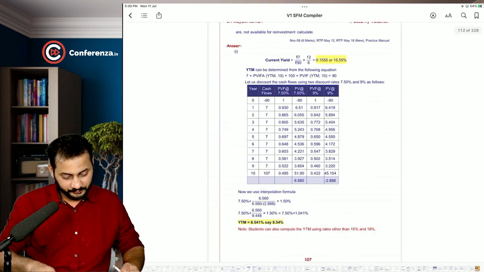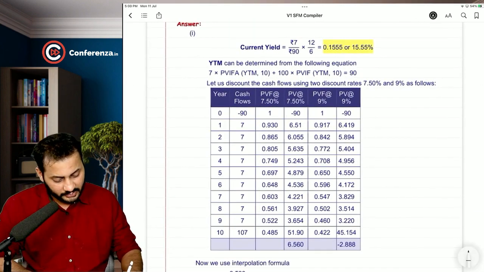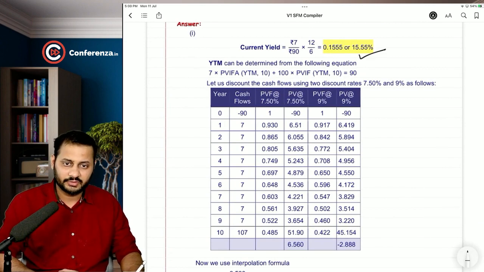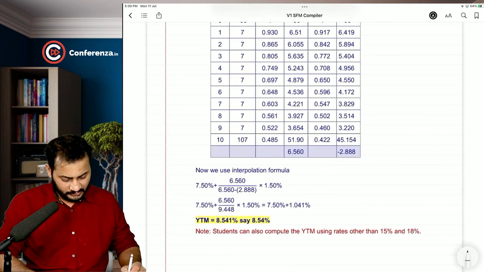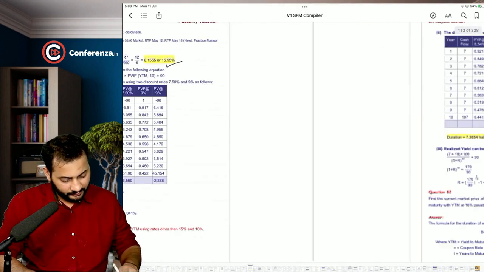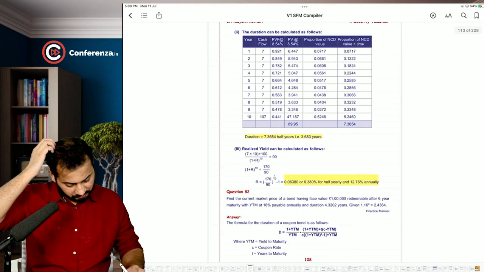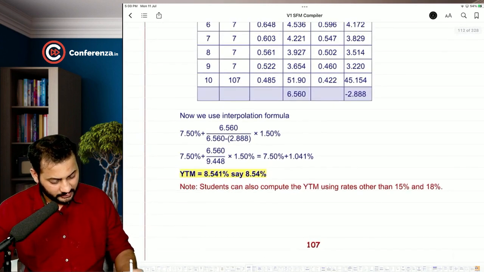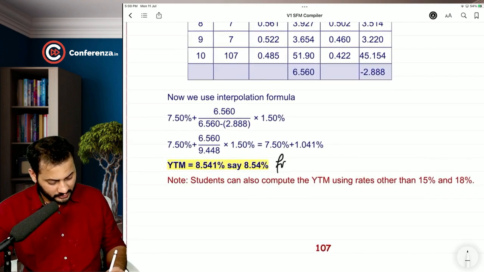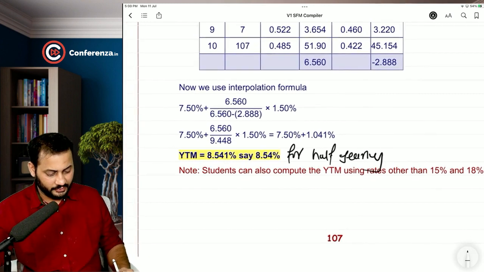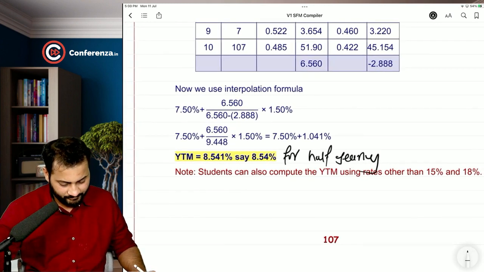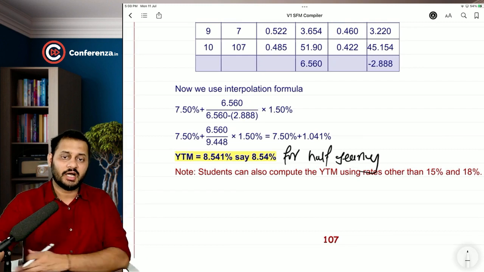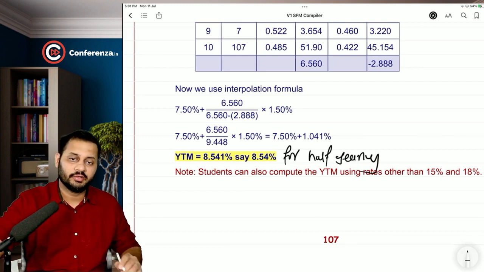So have a look. First of all, the current yield was 15.55, that was right. And then the YTM is the double of this, not 8.5 but, okay, let's do that. This is not the final answer, this is for half year only, half yearly. Half yearly YTM is 8.541%.